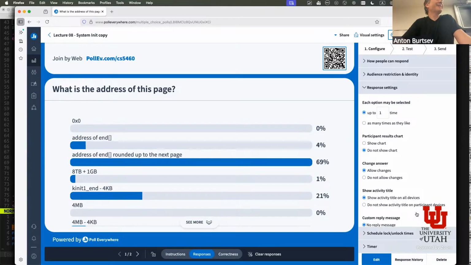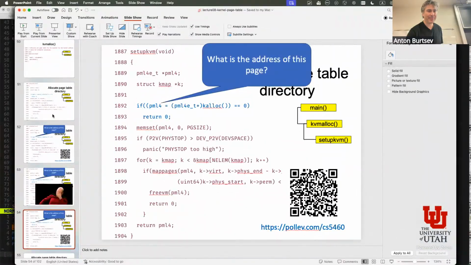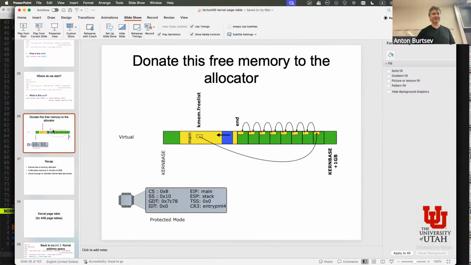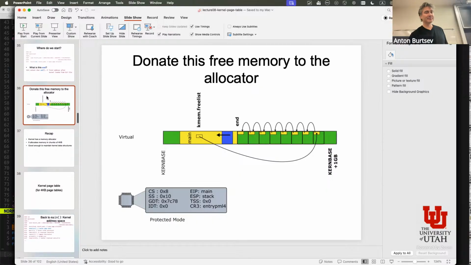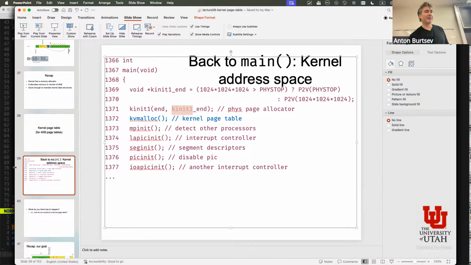Yeah, I think it's kinit1, because the kinit1 function goes till the end of whatever memory space it has, and so minus 4k would be the address of the last page. But that's actually where the head pointer points to, because it was added last, because it can only add to the head of the list. Yeah, I agree with you.